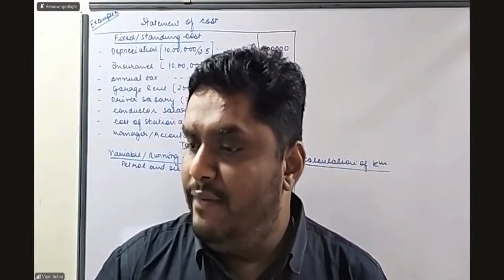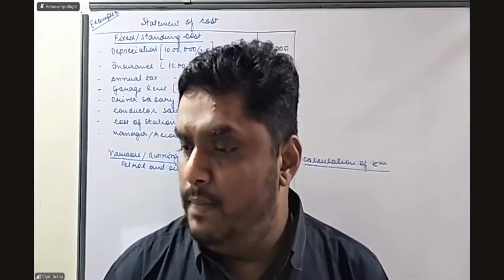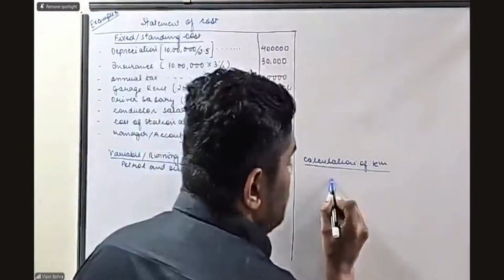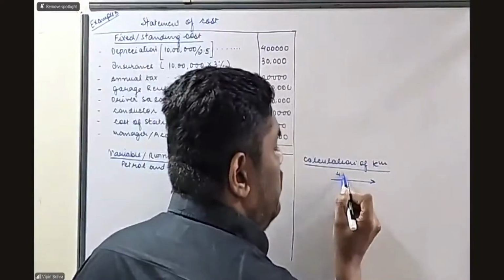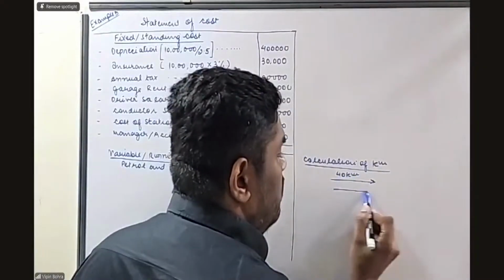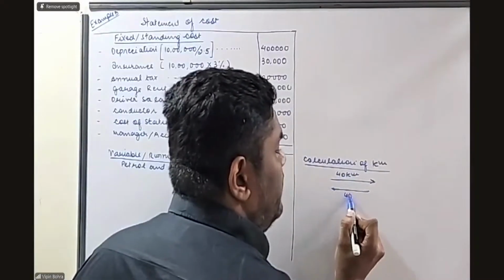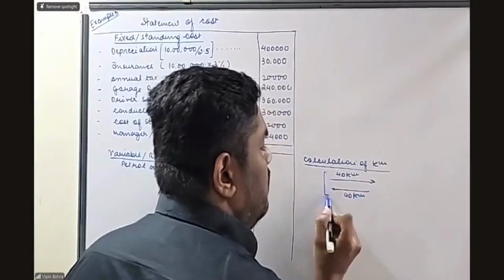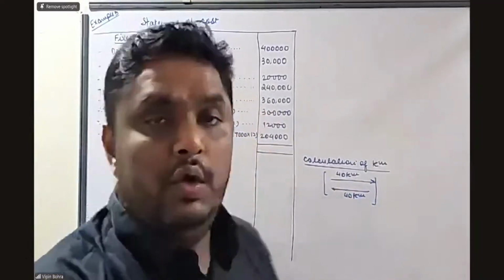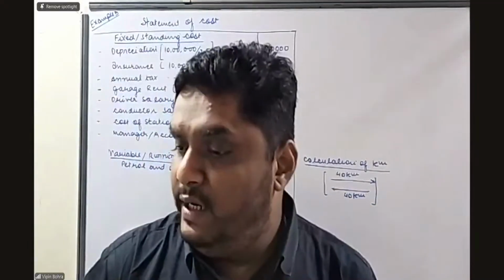The route traveled is 40 kilometers long. So 40 kilometers onward, 40 kilometers return. Total 80 kilometers for every trip.